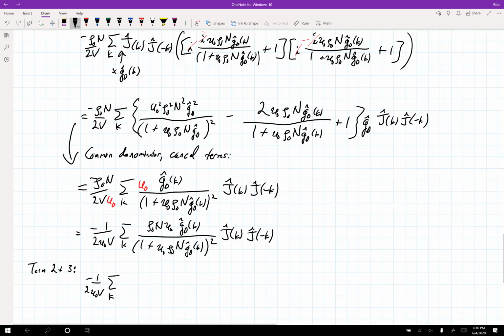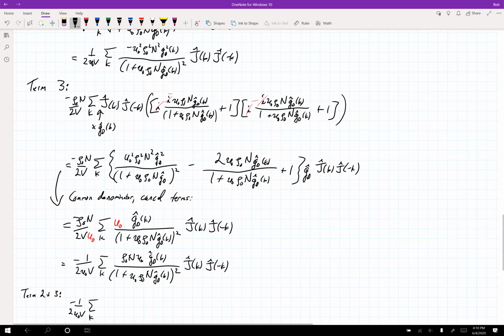And then again, I'm going to zoom out a bit so that we can see the two terms. The things that we're adding together are this plus this, right? And you can see that in both of them, since we're adding them together, we can factor out a rho naught n u naught gd divide function so that we have just 1 minus the same factor.